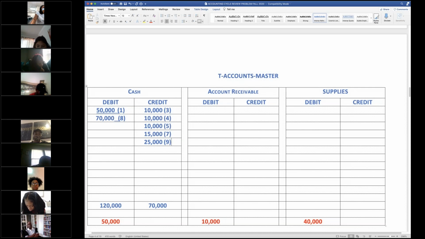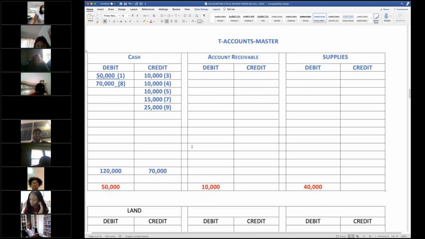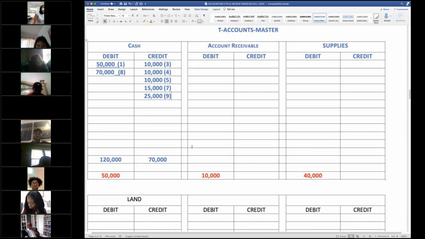Correct. So it's only supposed to be 2 on the debit side. Well, that's why I was messed up. And that was journal entry 8, for the 70,000. You just got to be more careful as you're doing it. Yeah, I was moving too fast.